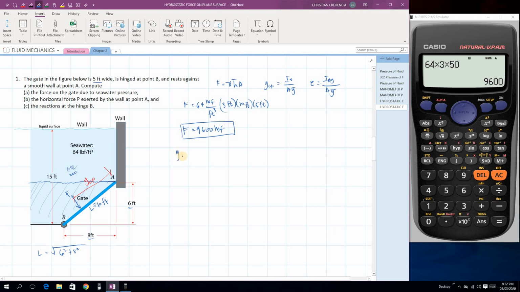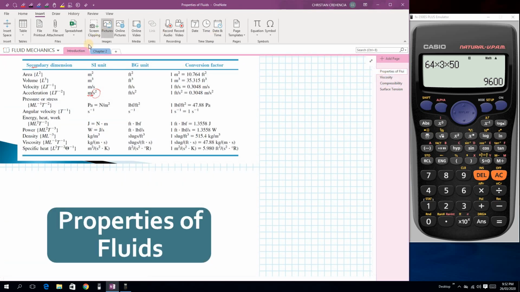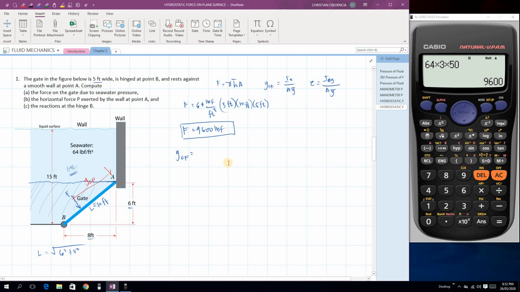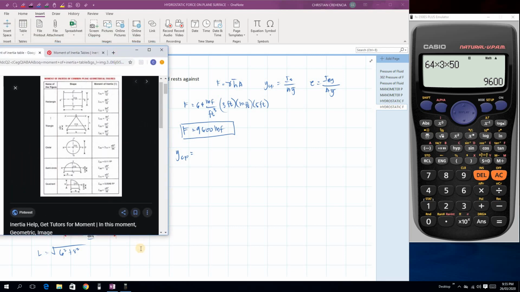Okay, so using yung formula, YCP is equal to IS over area Y bar. So kung hindi natin kabisado yung formula, may formula naman tayo dun. Okay. So tingnan ko lang dito. So for a rectangle, okay. So ito kinuha ko lang naman sa internet. Okay. So kung meron tayong rectangle, medyo mali yata yung picture.